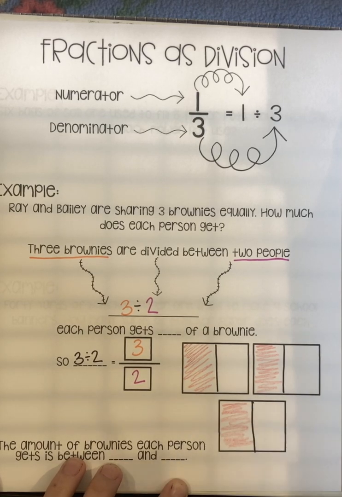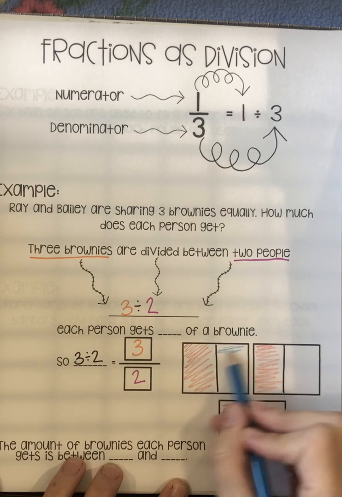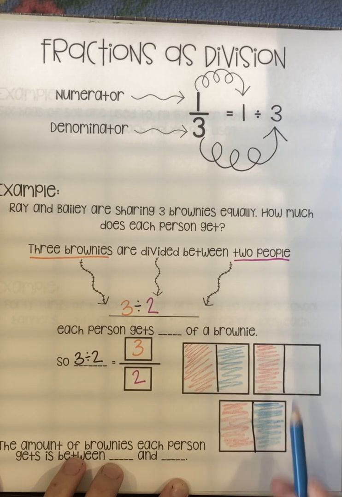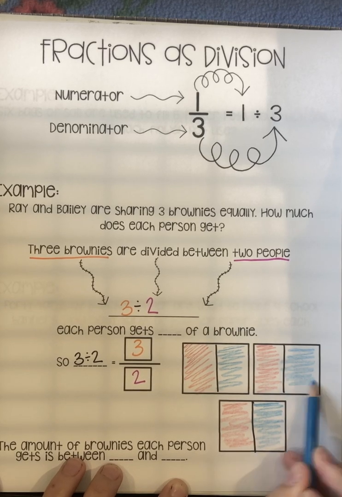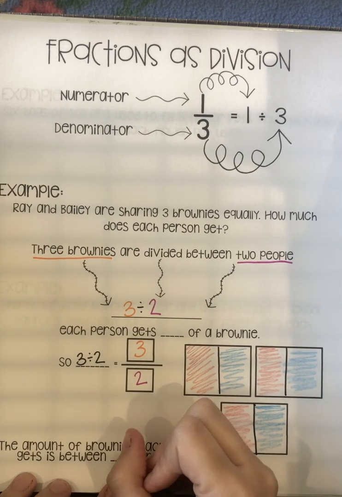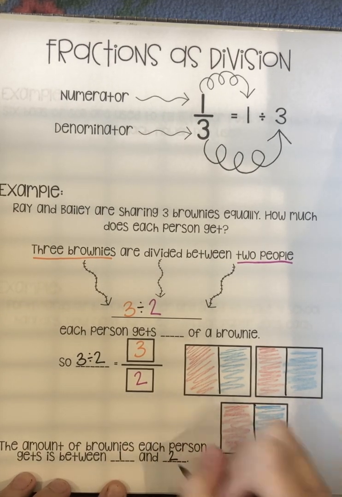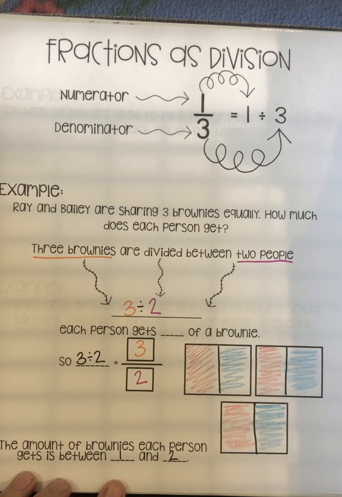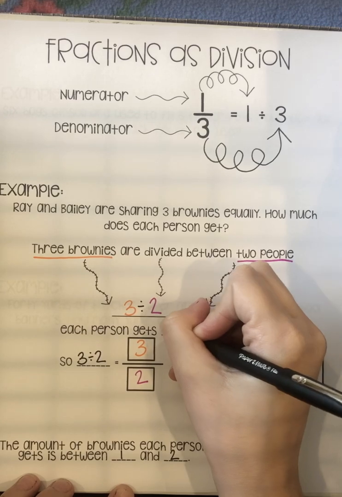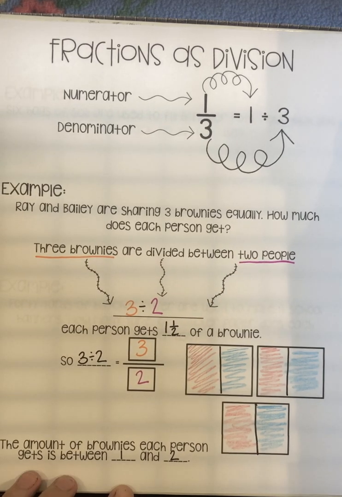And Bailey will get 1/2, 1/2, and 1/2. So the amount of brownies that each person is going to get is going to be between 1 and 2. So we know that each person will get 1.5 pieces of the brownie.